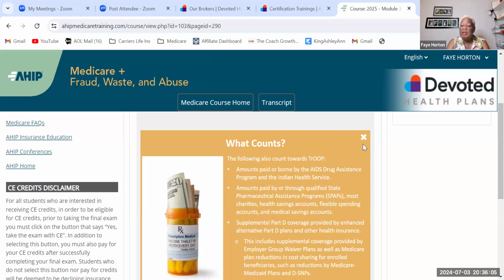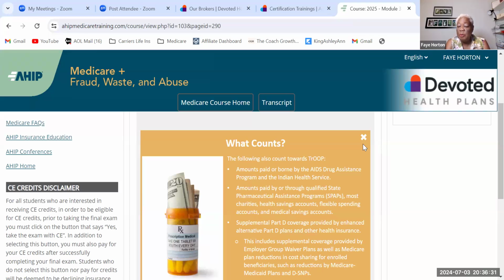The following also counts towards the TROOP. Amounts paid by the AIDS Drug Assistance Program and the Indian Health Service. Amounts paid by or through qualified state pharmaceutical assistance programs, most charities, health savings accounts, flexible spending accounts, and medical savings accounts.